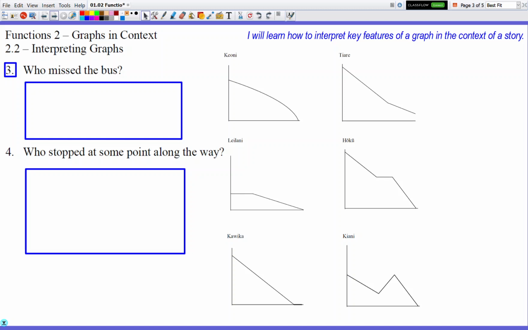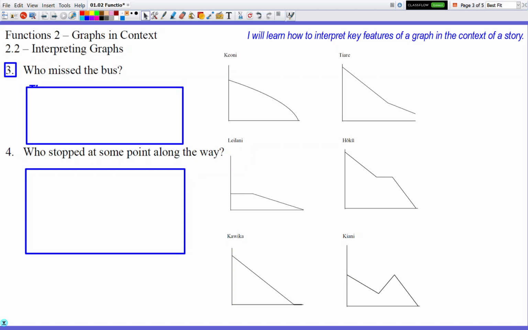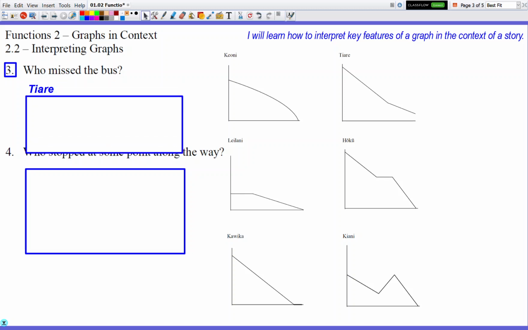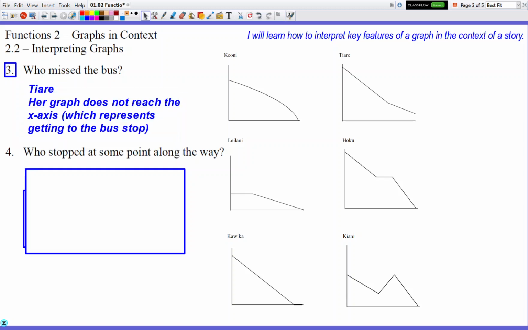So we're going to put our guess in TRA, and let's uncover this box. Let's see if it is correct. Yep, it is TRA, and the reason is the same as what I just stated: her graph does not reach the x-axis, which represents arriving at the bus stop. So we guessed correctly and for the right reason. Okay, let's look at our next problem.